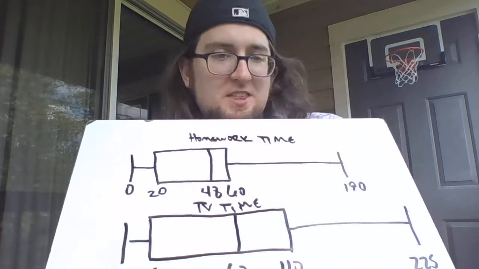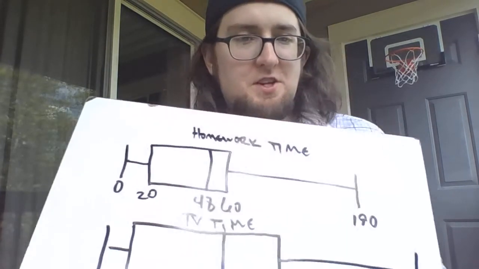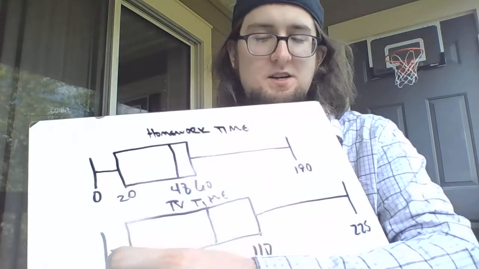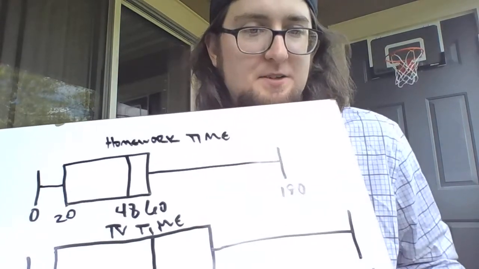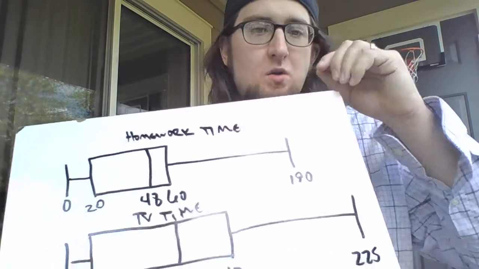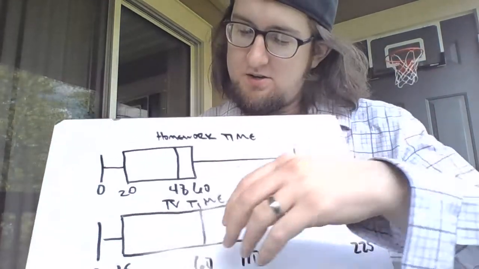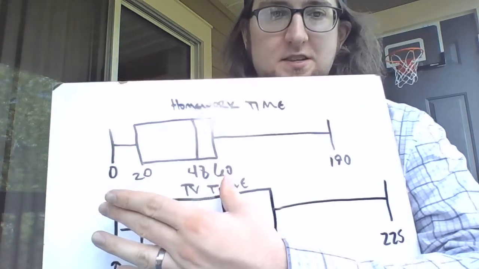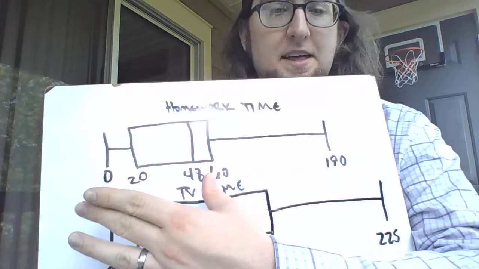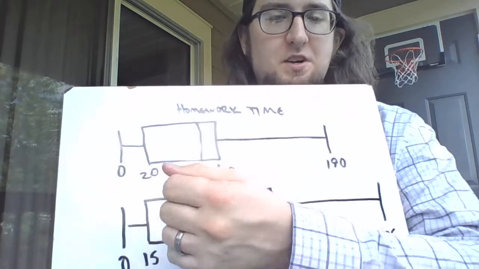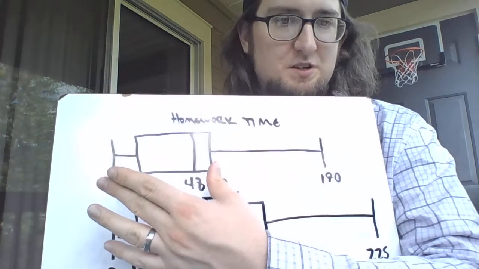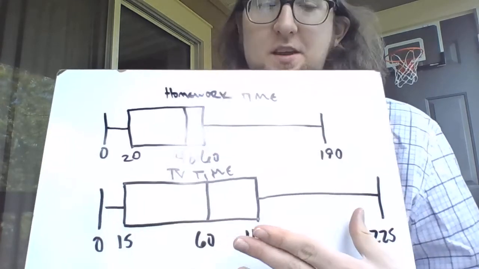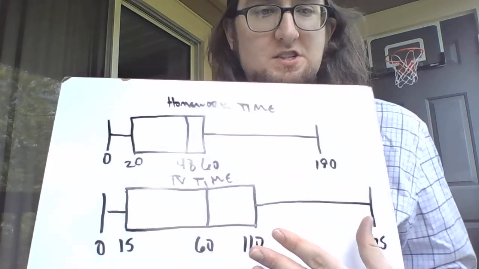So some significant things. I told you in the previous video that each piece, the whisker, the half of the box, and the other whisker, are all 25% of the data. Knowing that, we can look and say things such as 75% of students doing homework spent less time doing that than 50% of people watching TV.